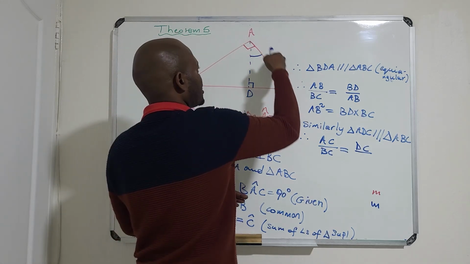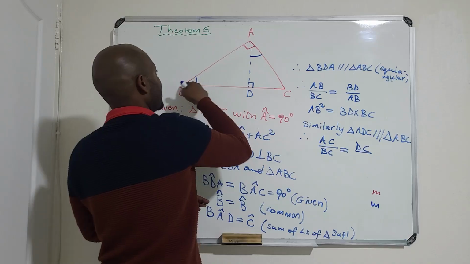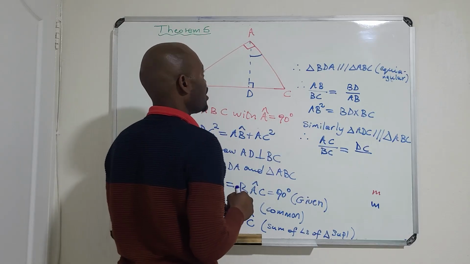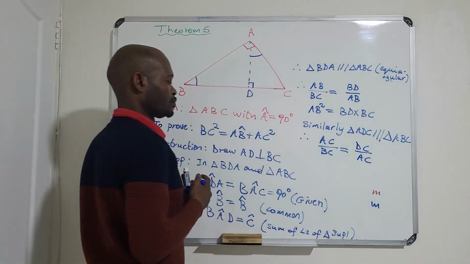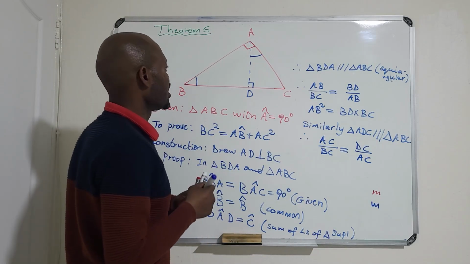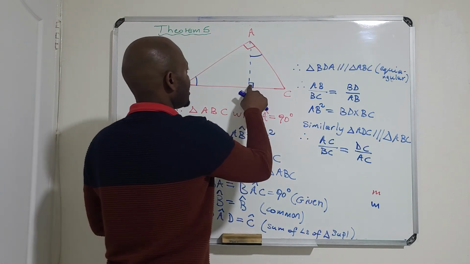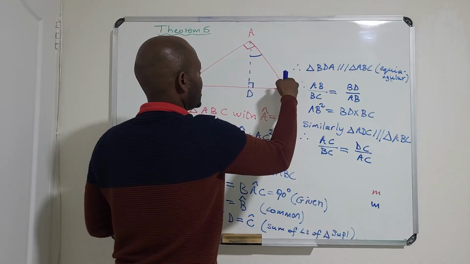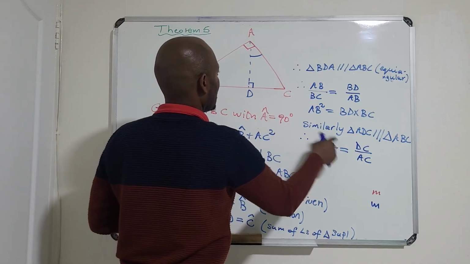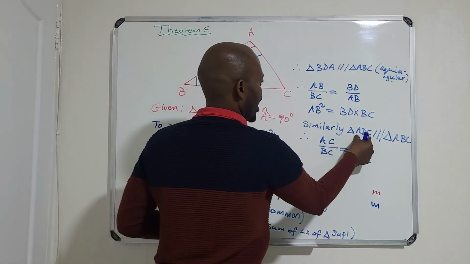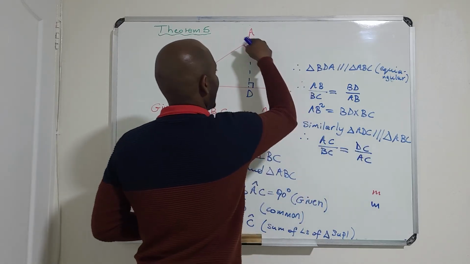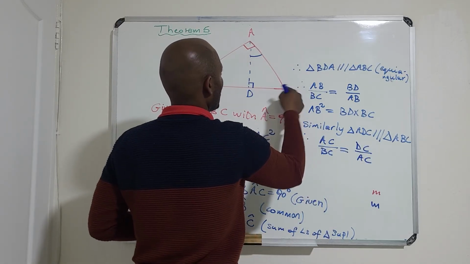So it means that I must take this side for this triangle, which is AC. I repeat for the last time. Since this side is opposite 90, I say AC over.